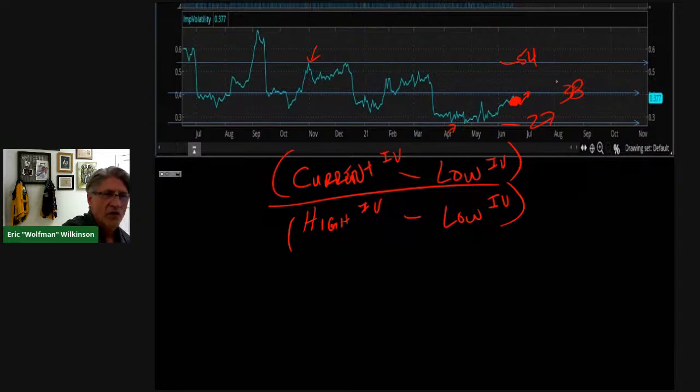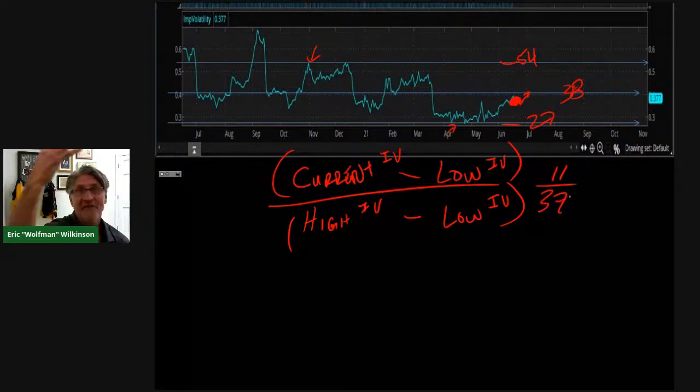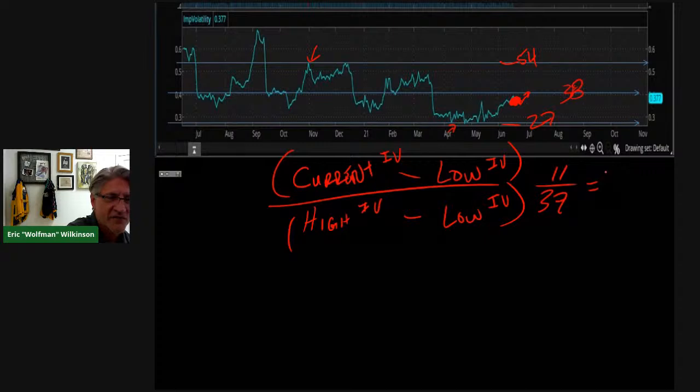So 38 minus 27 is 11, and 54 minus 27 is 27. This gives us right around the 37th percentile-ish. So it's pretty middle of the road, but that would lead me towards them being pretty cheap.